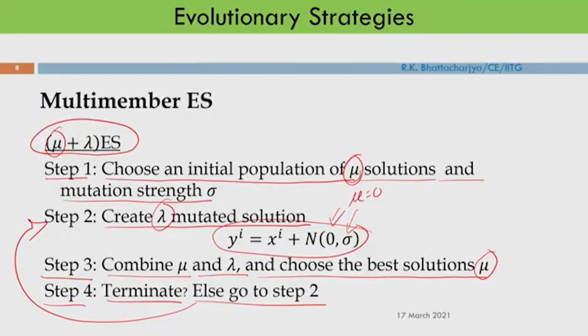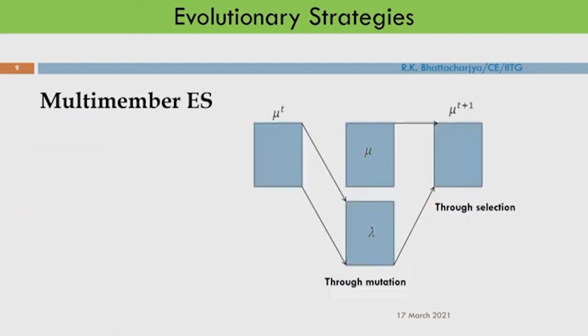So, we have only a 4 step algorithm, and we will continue this iteration until and unless we reach the termination criteria. So, let us see this. So, in this case suppose this is the mu solution, and you can say that whole population, and from that mu solution I am creating lambda.